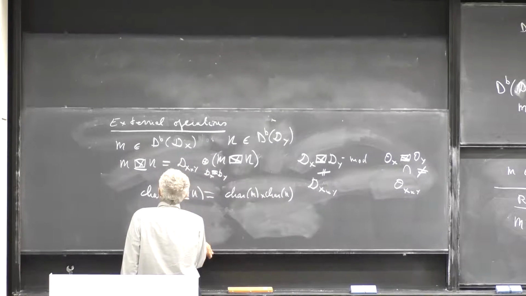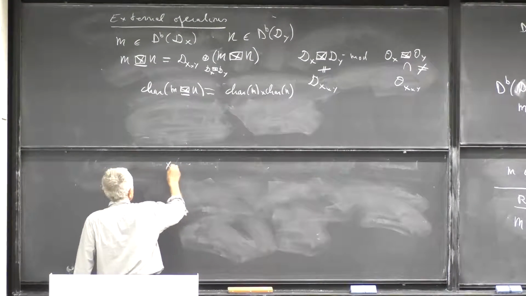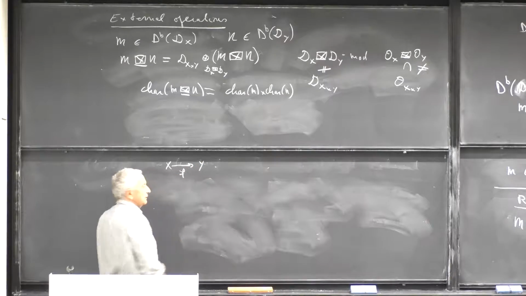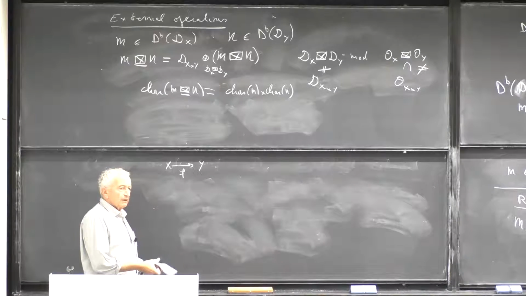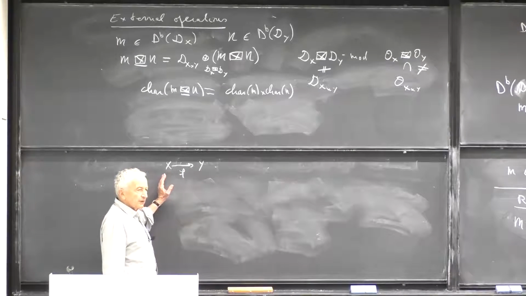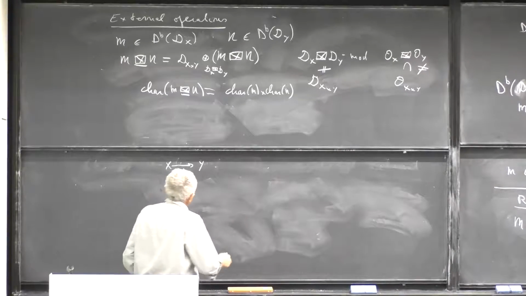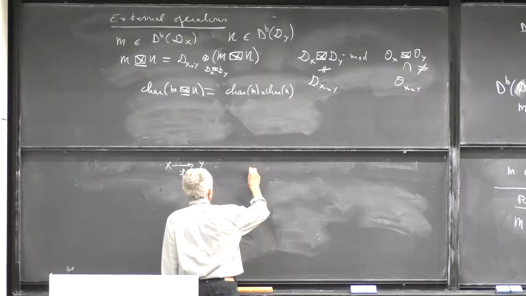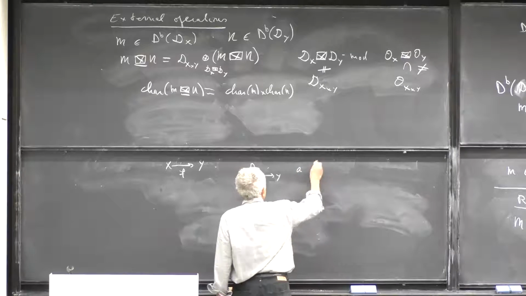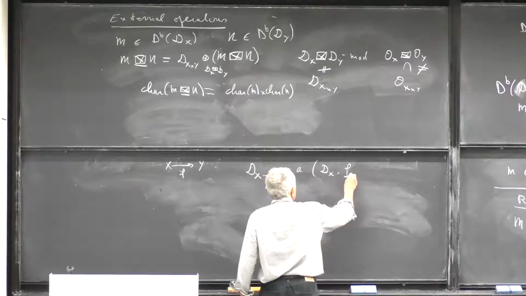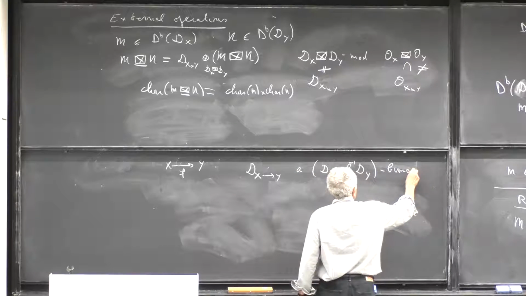Okay, that's easy. So now assume I have a morphism f, a holomorphic map, from X to Y, and I want to define the direct image or inverse image of D modules. Then it's a little more difficult. There is a bimodule, D_{X to Y}, a D_X, f minus 1 D_Y bimodule.